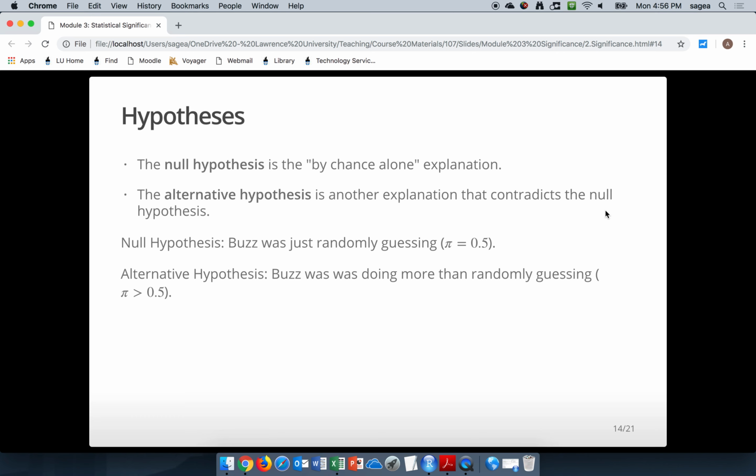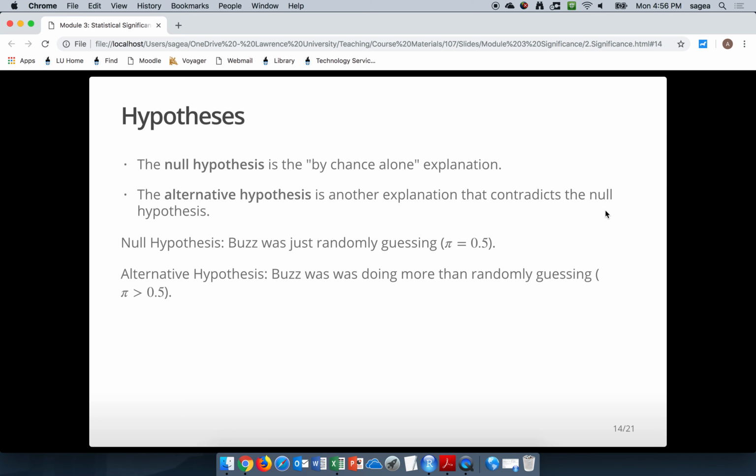We said that there were two possible explanations for what was happening here. Either the dolphins were just getting lucky and choosing the right button by chance, or there was something more going on. In statistical hypothesis testing, we refer to the chance alone explanation as the null hypothesis.